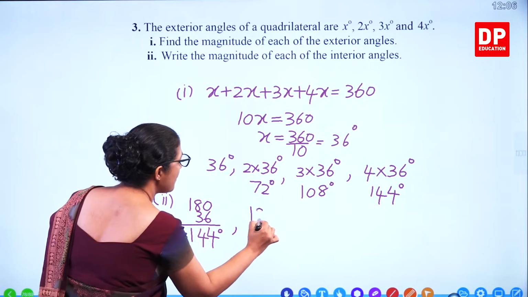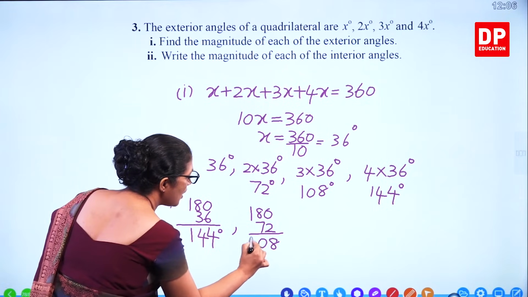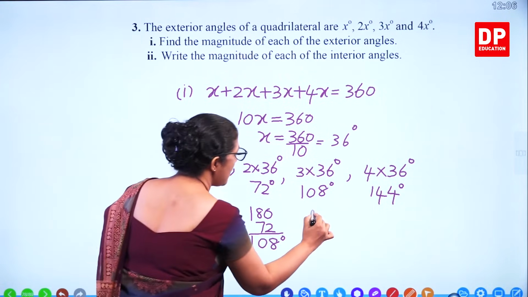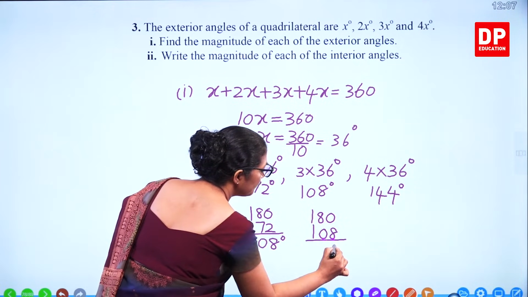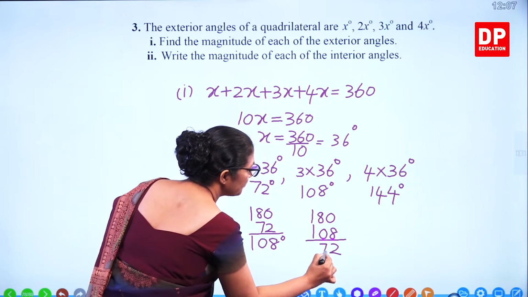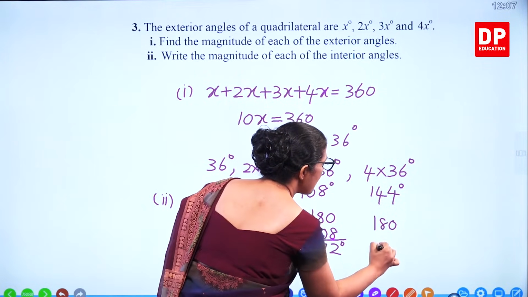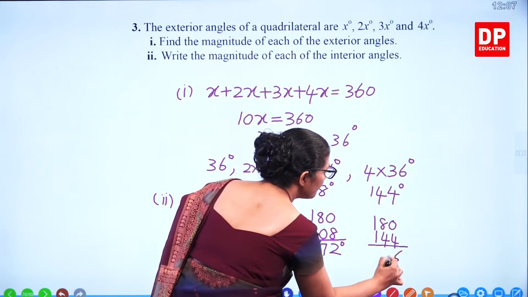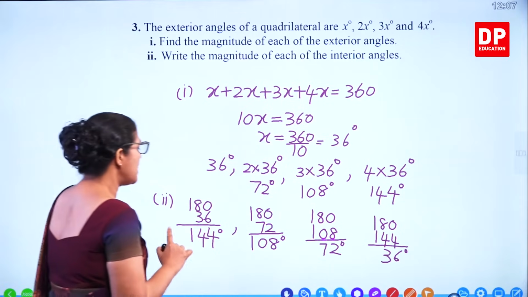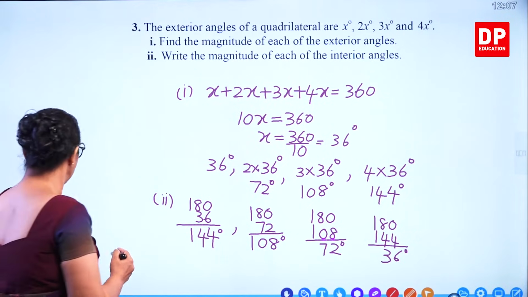Then the other one, 180 minus 72, 108 degrees. 180 minus 108, 72 degrees. Then 180 minus 144, 36 degrees. So these are the interior angles.